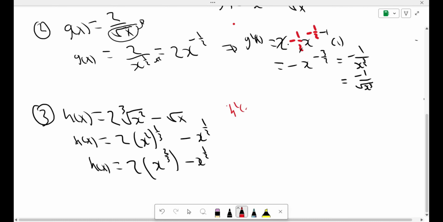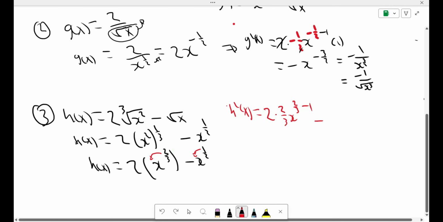So h prime of x will be 2, and then we drop that power, 2 over 3 x to the 2 over 3 minus 1 there, minus, drop this power here, and then minus 1.